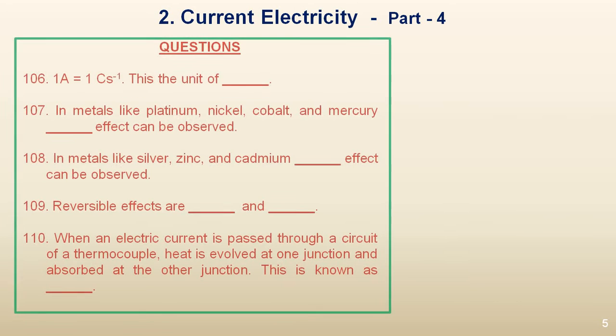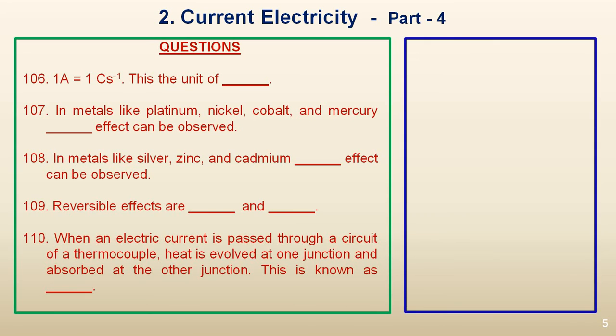Now we are going to see the answers to the question number 106 to 110. Question number 106. 1 ampere is equal to 1 coulomb by second. This is the unit of a current. Question number 107.